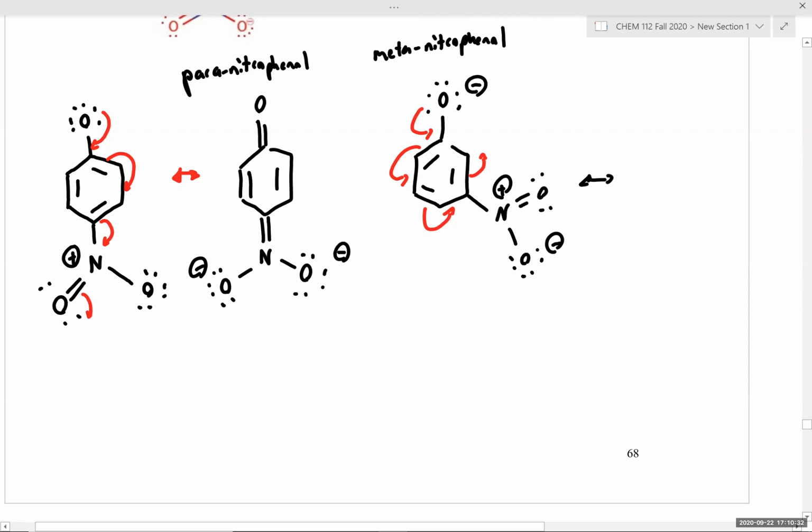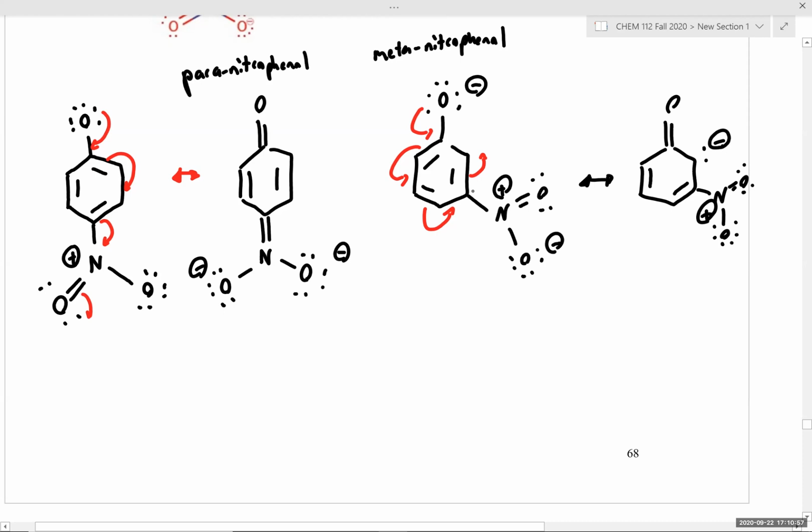So that in turn gives us the following. Let's just look at this representative resonance structure as it really brings home this idea that we cannot delocalize our electron density via resonance into our nitro group for our meta compound.